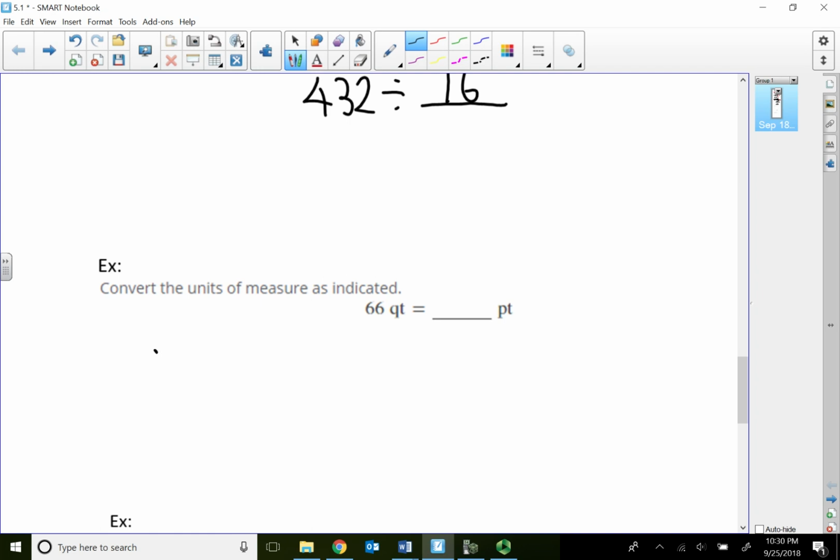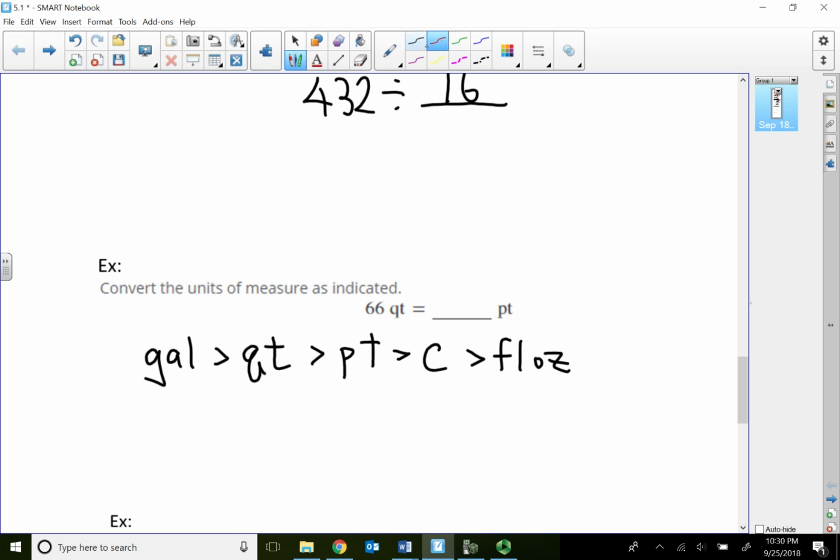The largest capacity we use is gallon, which is bigger than quart, which is bigger than pint, which is bigger than cup, which is bigger than fluid ounce. Okay, I'm going to stop at fluid ounce for right now. There's actually other units smaller.